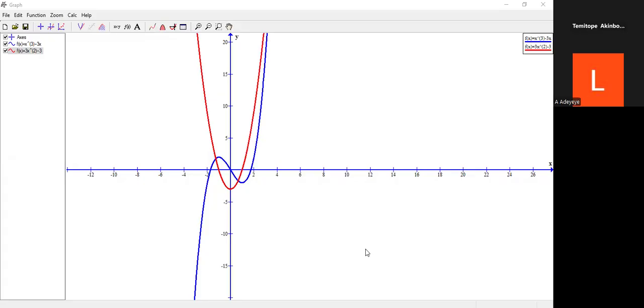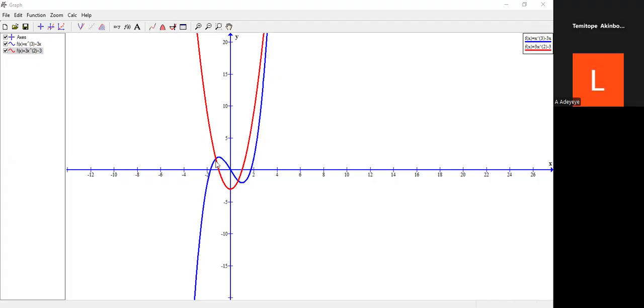Now, the blue is the graph of f of x, that's x cubed minus 3x. So you can see it's sinusoidal in nature. Then the derivative is the red, which is 3x squared minus 3. So you can see that it has x-intercepts at -1 here and +1 here.